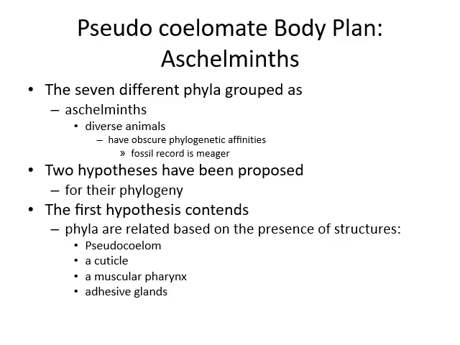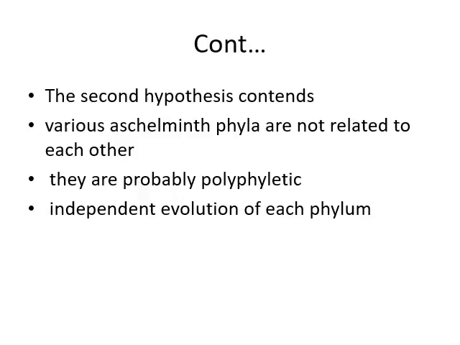One is that Aschelminths derived from a single ancestor because they have a pseudocoelom, cuticle, muscular pharynx, and adhesive glands. They have all these structures, so they must have a single ancestor, or divergent evolution.